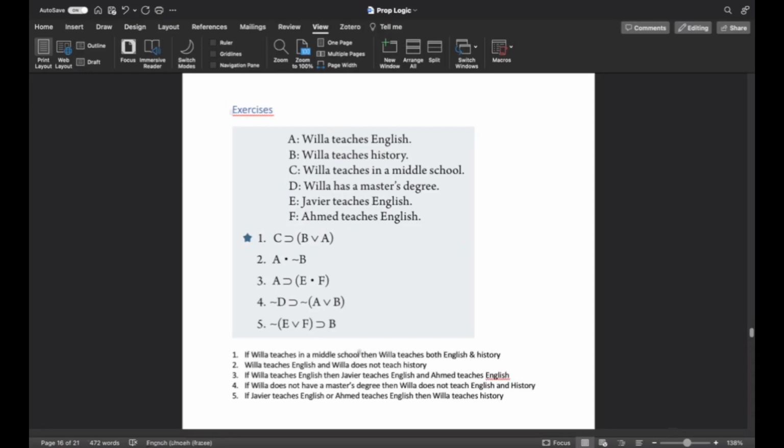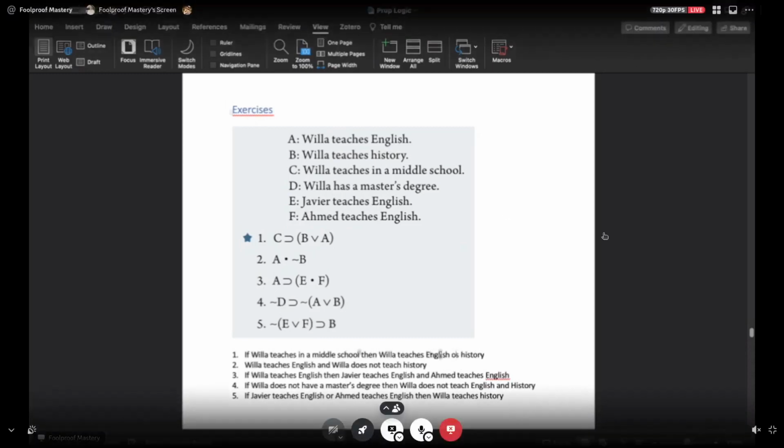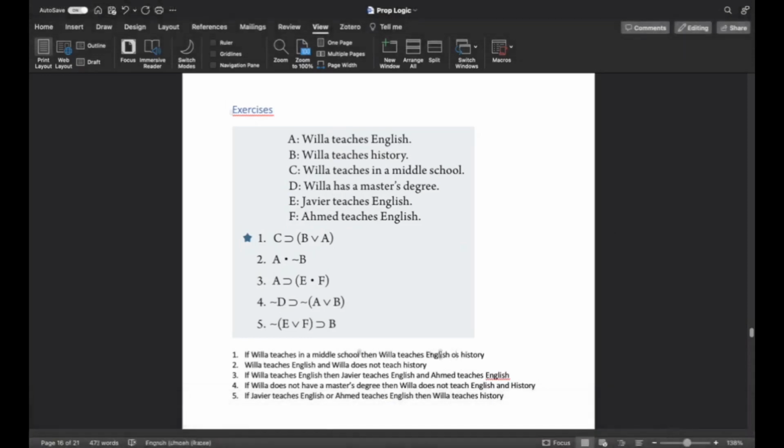We have a disjunction, so it's Willa teaches English or history. Yeah, I need to get used to the symbols. In my head, for some reason I was seeing it as a conjunction. That's fine, the dot is the conjunction, which I explained earlier on.